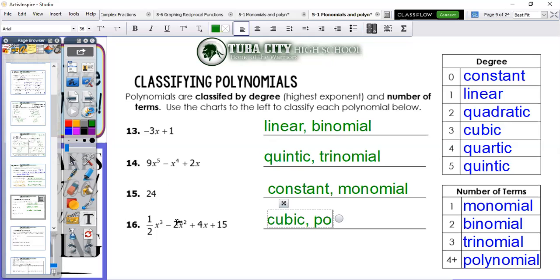So we don't really need to go into more of those. So we can just say polynomial. And anytime you have more than 4 terms, so this is 4 plus, you just say polynomial. If there are 7 terms, you call it 7-term polynomial. Okay, very creative, I know.